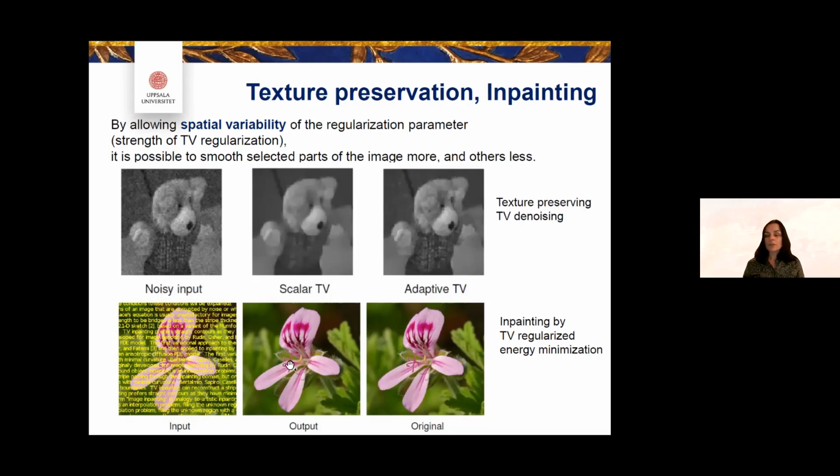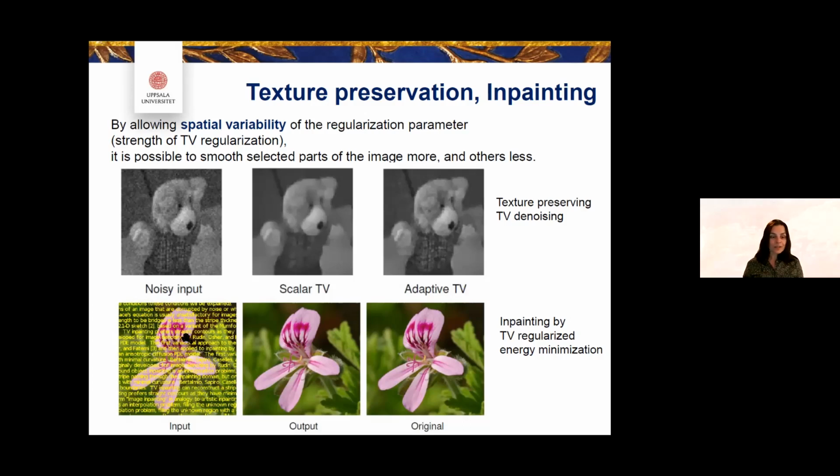There are other applications where very similar techniques can be used. For example, inpainting can be done by using total variation as a regularizer in some energy minimization approach. That means that I can fill in some regions which I want to get rid of.